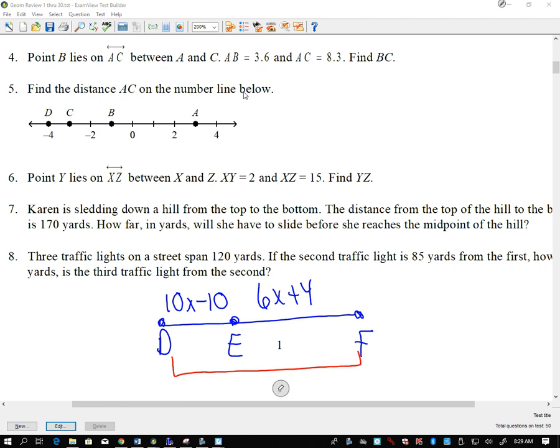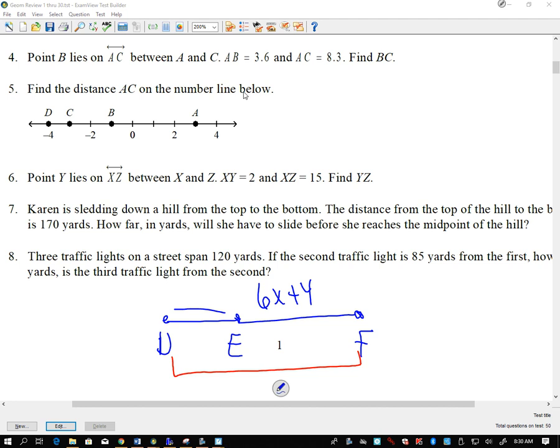Question number 6, like I said, is somewhat like it, but you'll notice there are some differences in that it's not giving it to you in algebraic terms. It's just giving you straight numbers. So they're asking, point Y lies on XZ between X and Z, XY. That would be like what you see here, and XY.